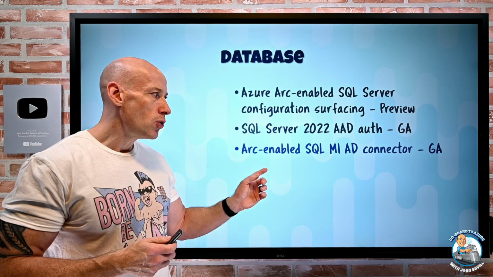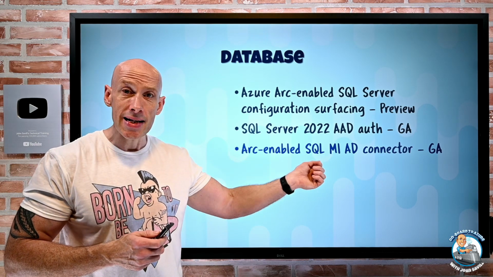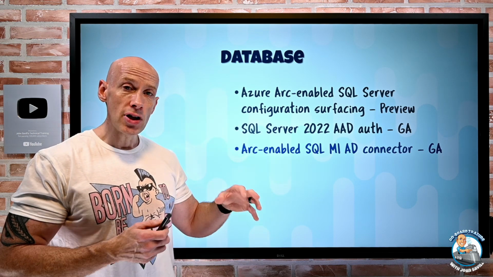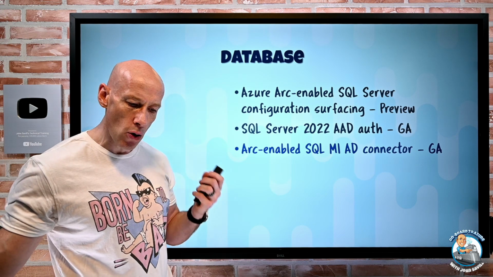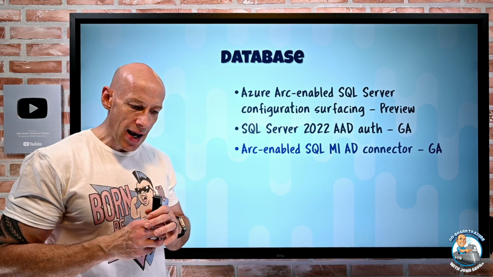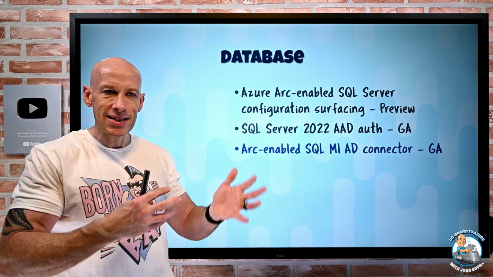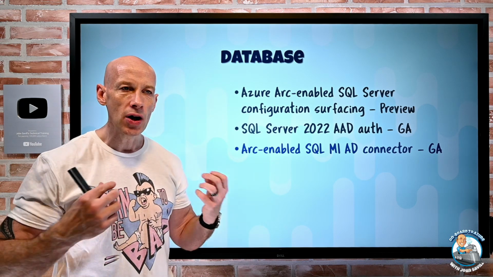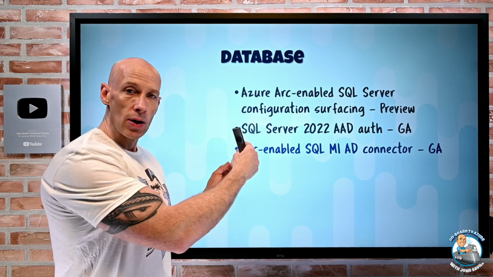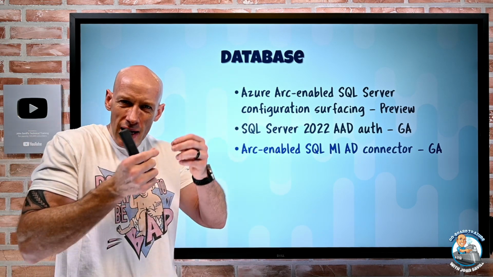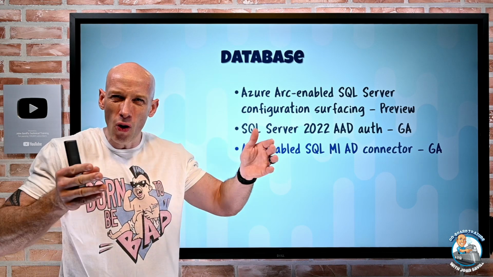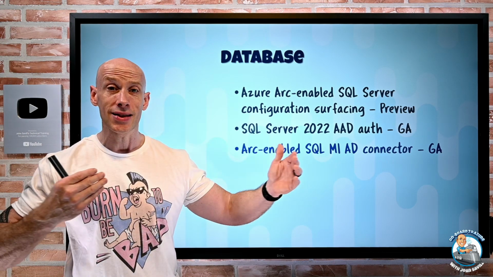So what I can now do is there's an Active Directory connector, an ADC, that I can leverage with that Arc-enabled SQL Managed Instance. Now, there's two different modes for this. There's both a customer and a system managed mode. In a customer managed mode, I'm creating the account that the SQL MI will run as. I have to really just manage each instance of those. As I start to have more and more of them, it may become challenging to manage at scale.